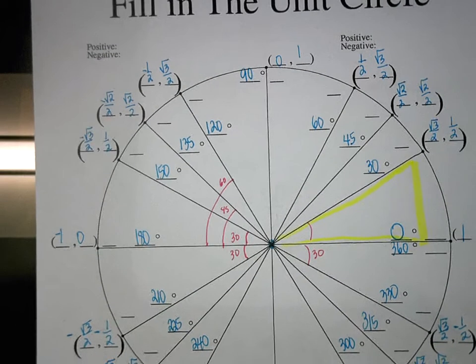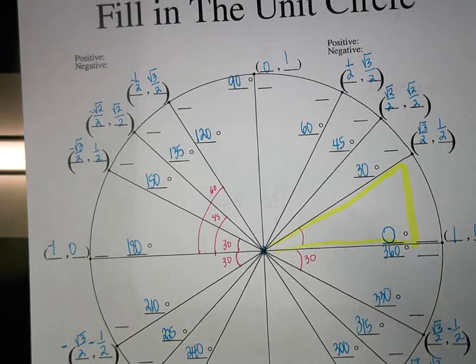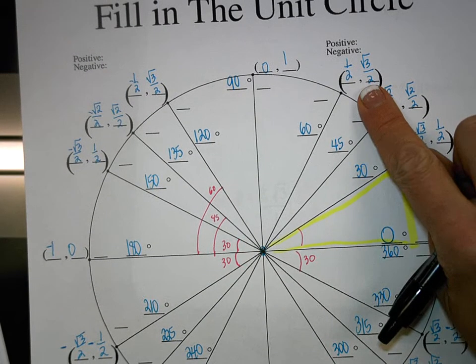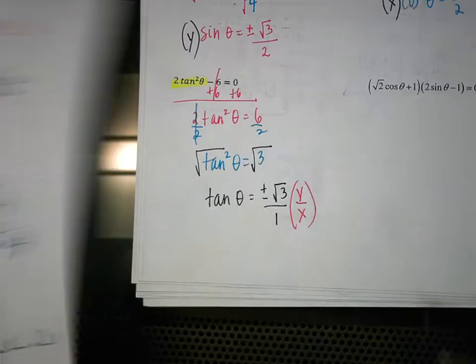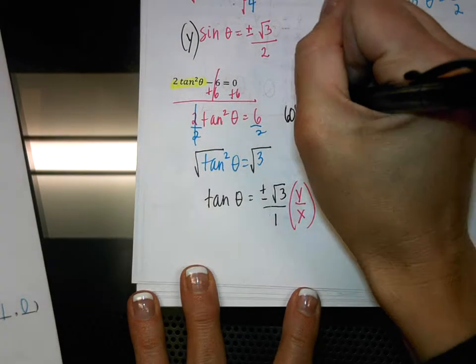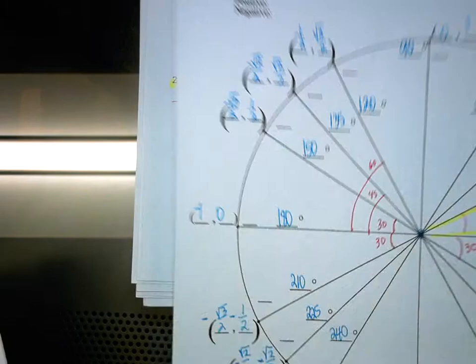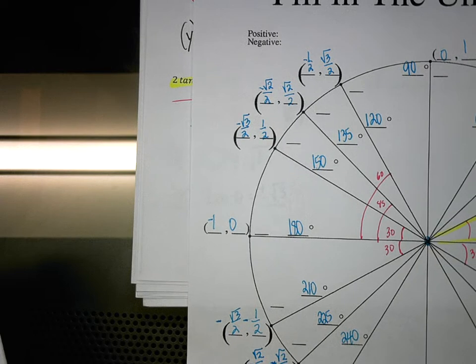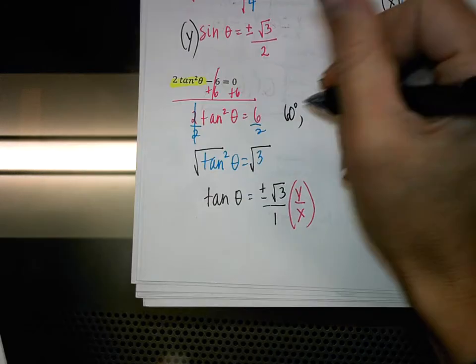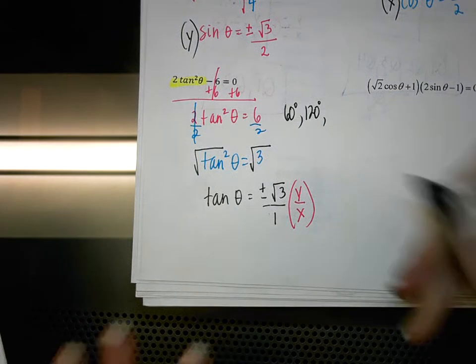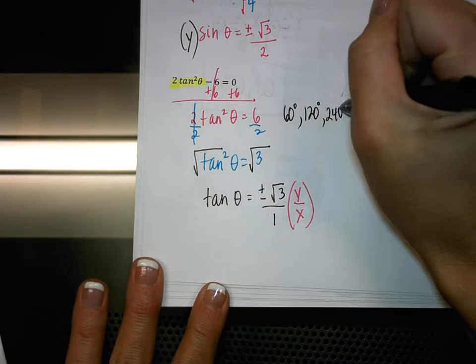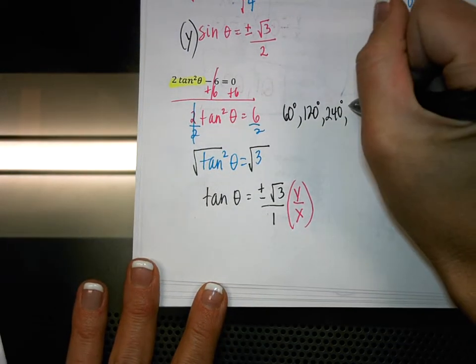And remember, we're not looking at denominators. 60. Do you see that? The y is root 3, the x is 1. In the next quadrant, which one has the y of root 3 and the x of 1? 120. And the next one is 240. And quadrant 4 is 300.